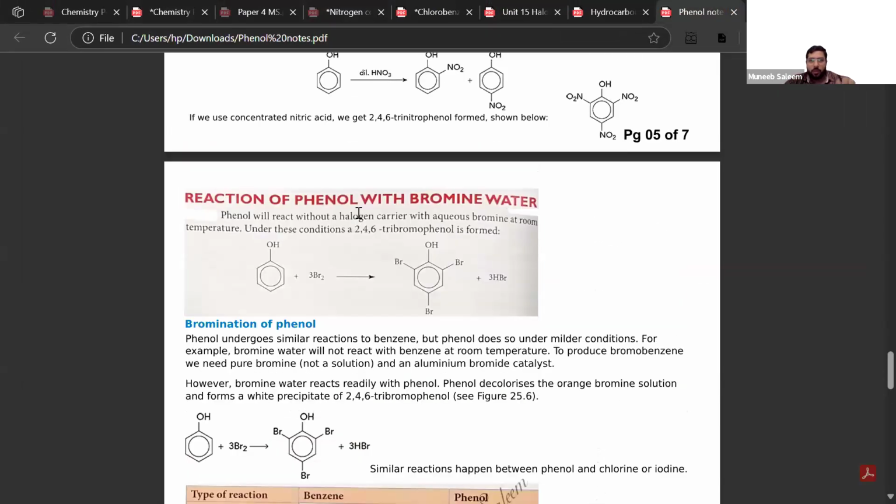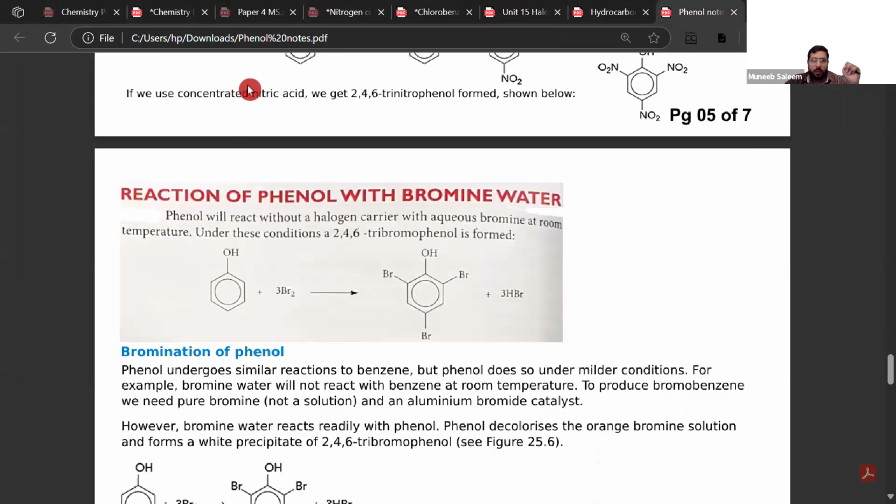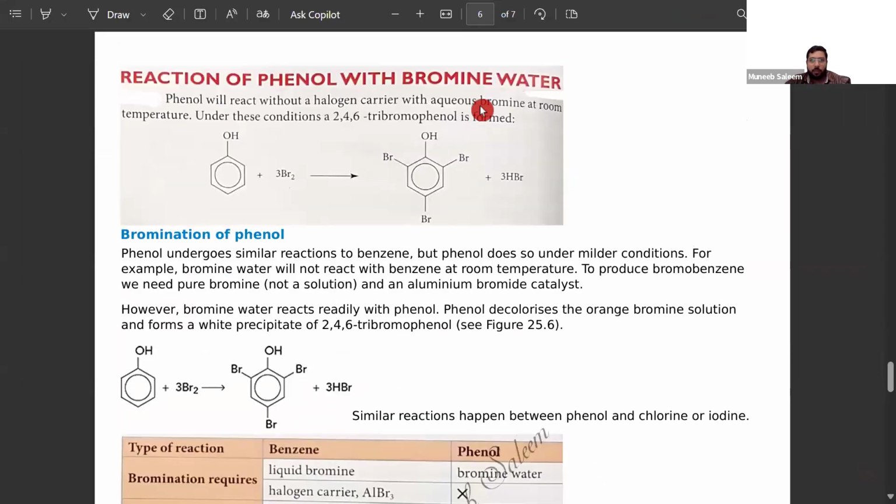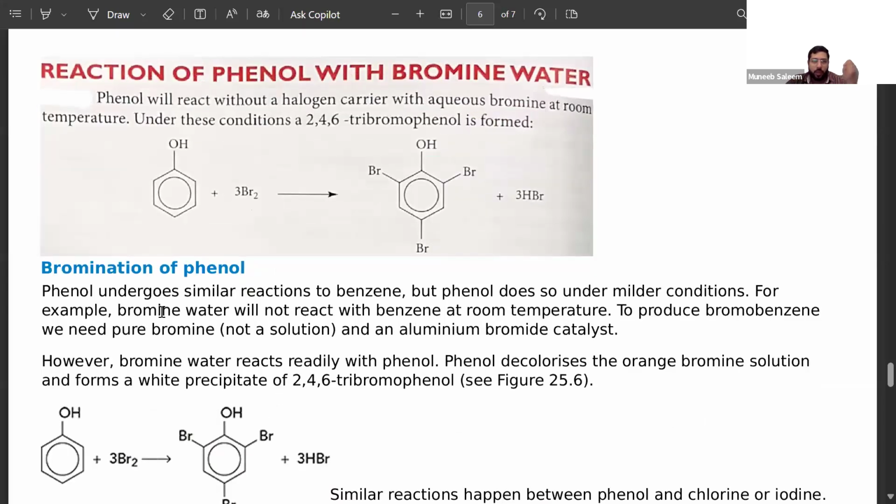So here in my notes, you can find that phenol reacts with aqueous bromine, or you can say bromine water. You can write either bromine water or aqueous bromine. Both are fine, and they react without a halogen carrier.